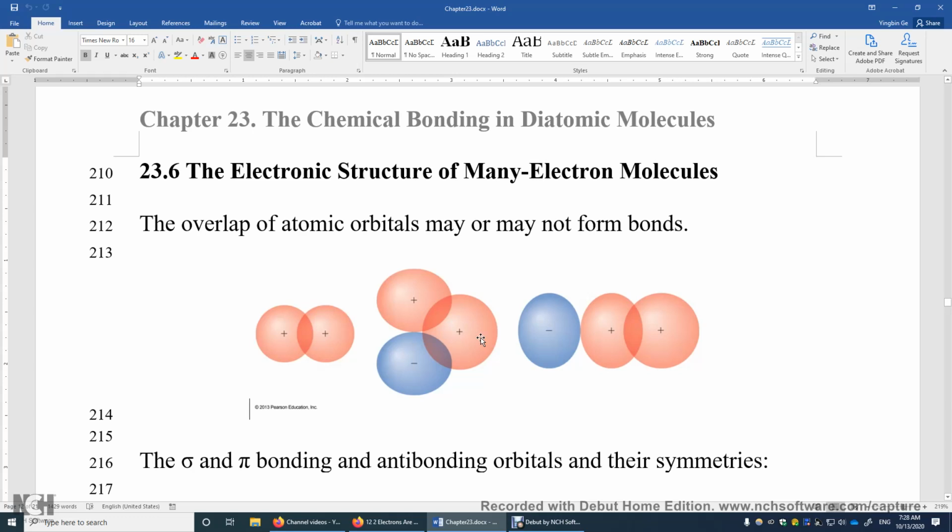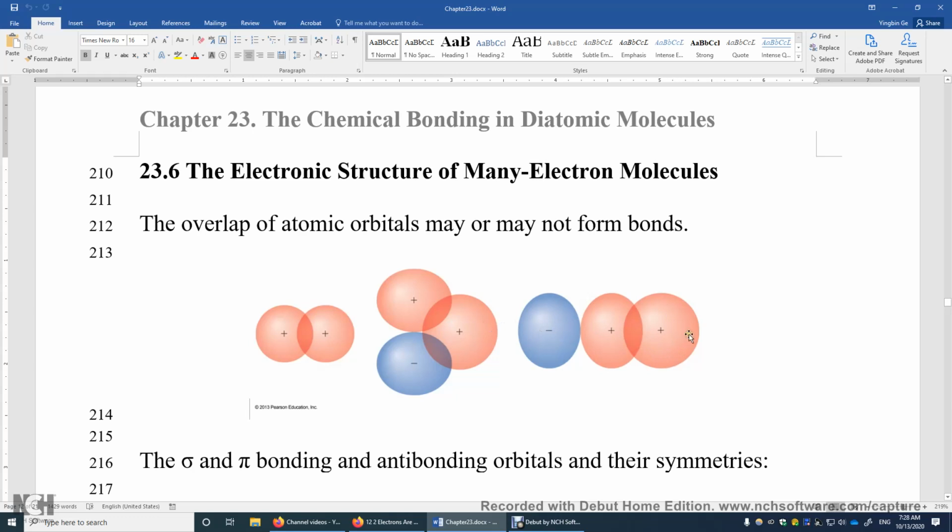Therefore, there's no net interaction between this P orbital and this S orbital. You can also tell there's constructive interference here, but also destructive interference here. So this is non-bonding.